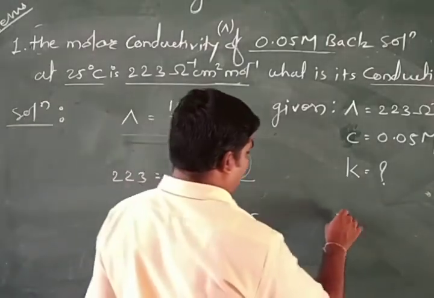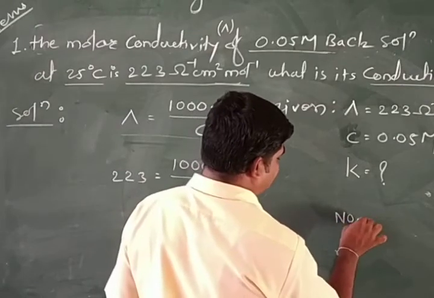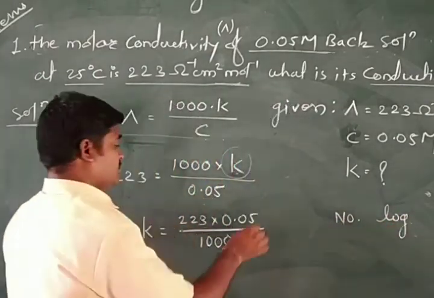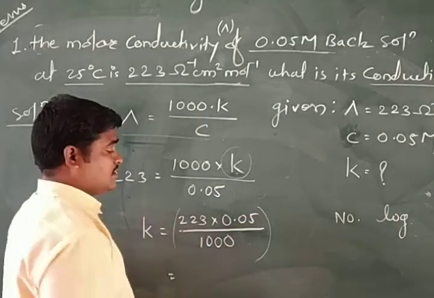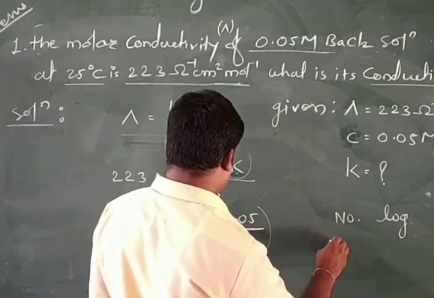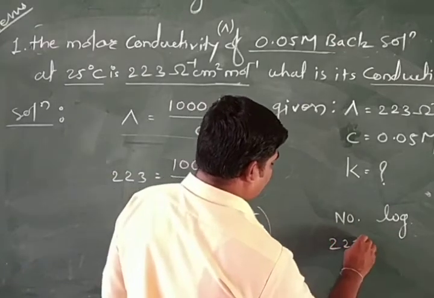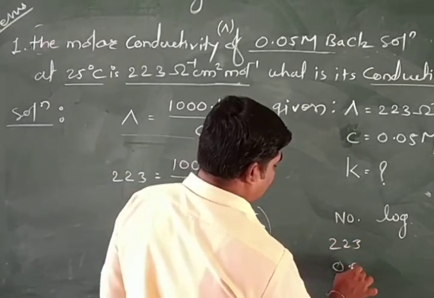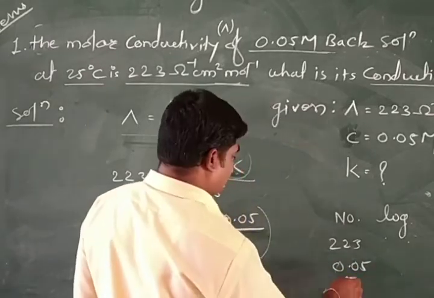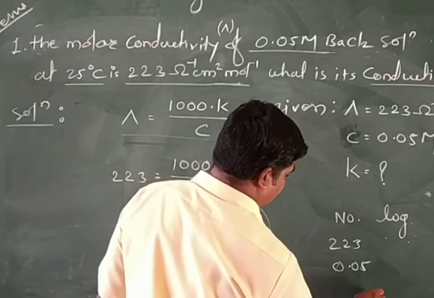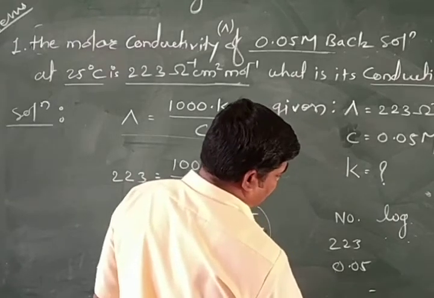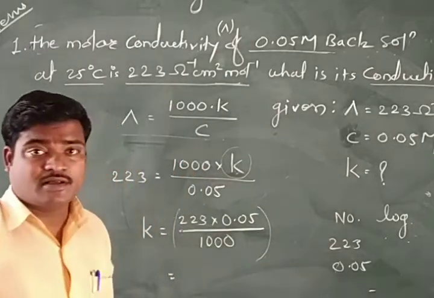Now after that what you have to do is calculate this, or solve this term by using a log table. Simply take the logs of 223 and 0.05, add them, and subtract the log of 1000, then you will get the proper answer.